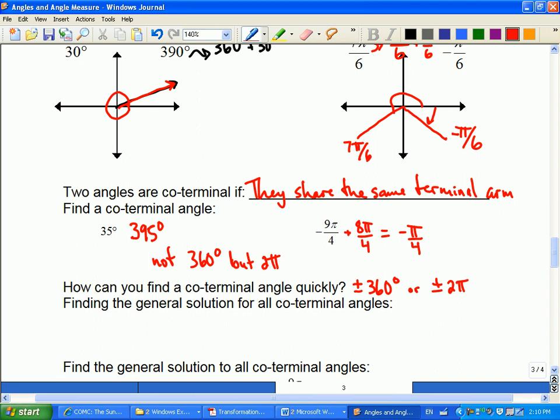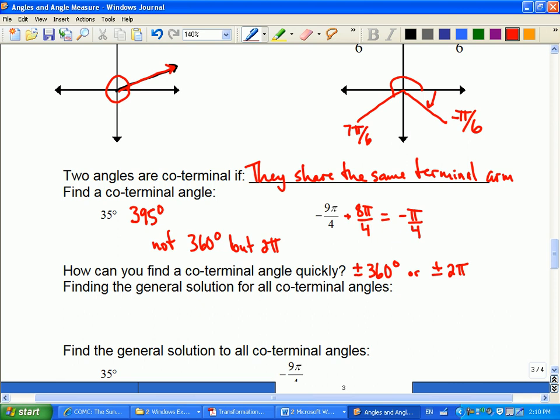So one thing we're going to run into in this unit, that idea of finding many solutions, we want to be able to express our answers so we don't have to write them all out. That'd be a long detention if I made you write out all the coterminal angles. What I'm going to have you do instead is write it this way: 35 degrees plus, well actually we don't even need to do plus or minus, we can just do plus 360n, where n is an integer.